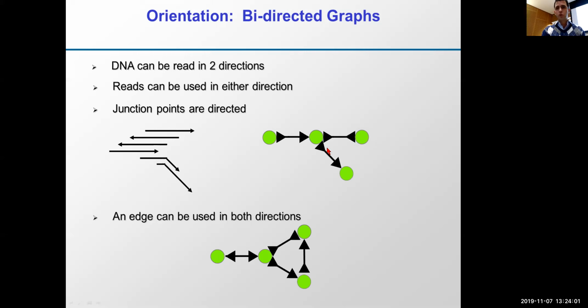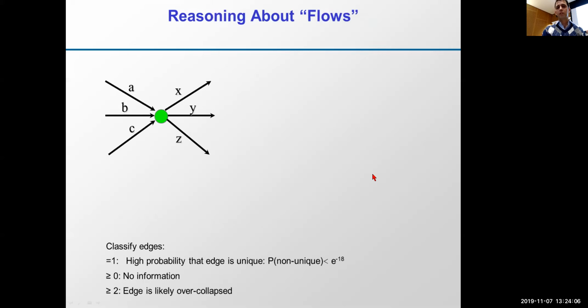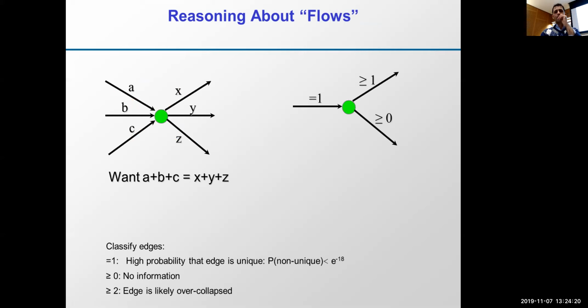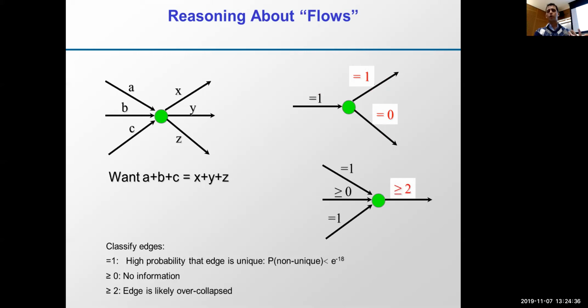The way to traverse this graph is to have rules that resolve these connectivities based on arguing that the total number of reads going in and the total number of reads going out should be the same, and I should be able to add the same flow in and out of every edge, in and out of every contig. And therefore, if there's at least 1 going out and at least 0 going out, but the total here is 1, that allows me to resolve the graph and say that this cannot be traversed. So there's a lot of arguing about graphs that allows you to resolve these cases.